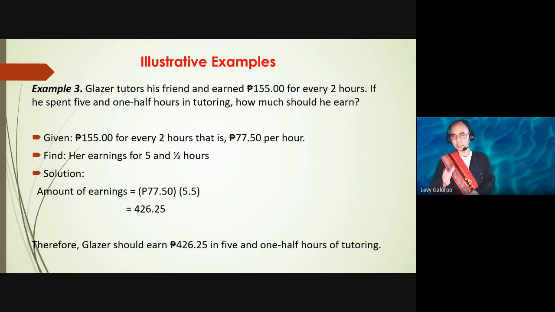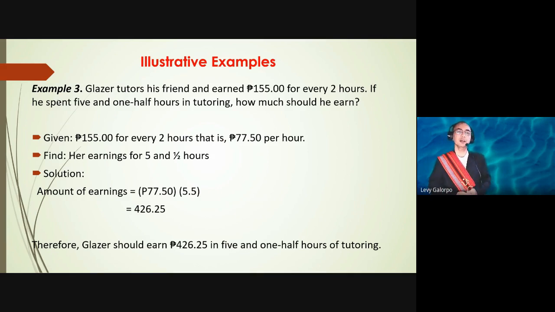Siyempre, sa bawat oras, 77.50 ang presyo. So, 77.5 per hour. What is to find? His earnings for 5.5 hours.